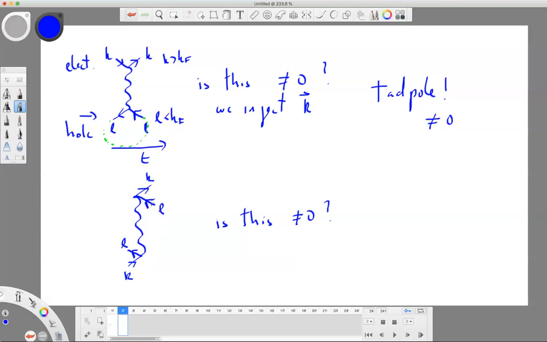So both of these propagators are below the Fermi energy, and these are above. Okay, so if I join here now, this can become a familiar diagram.